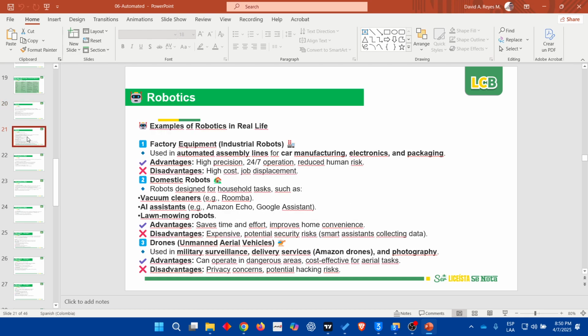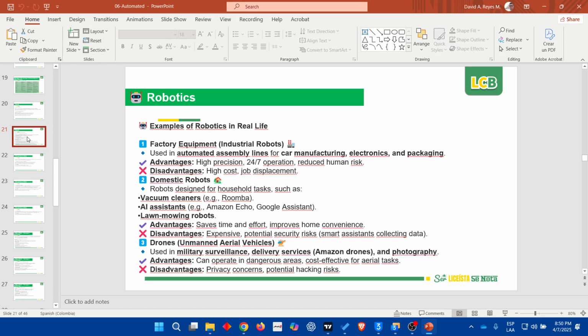Okay. Examples of robotics in real life, factory equipment. I already showed you the car factory. Advantages: high precision, 24/7 operations, reduce human risk. Disadvantages: high cost and job displacement.